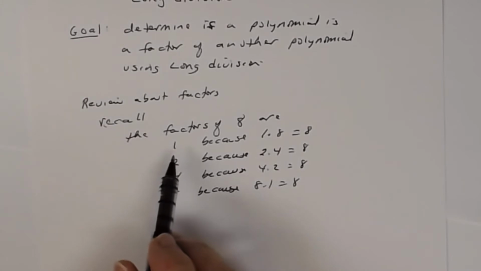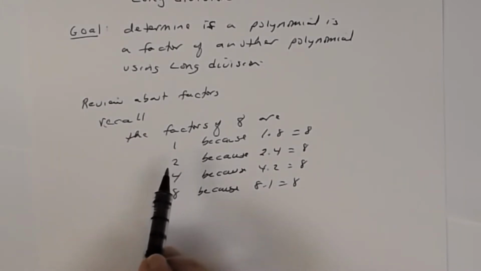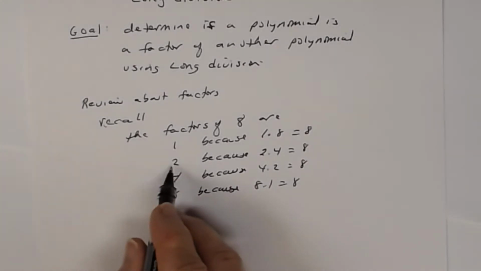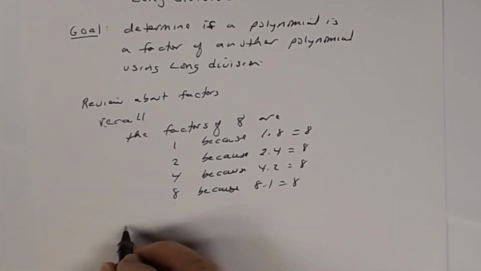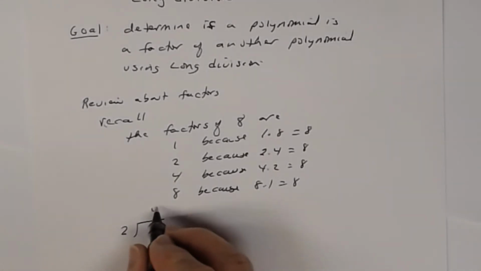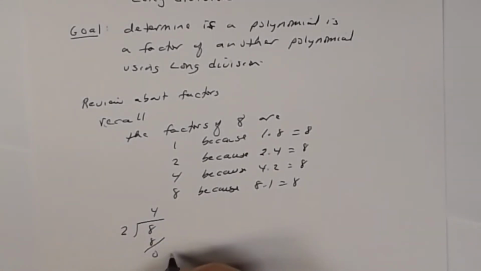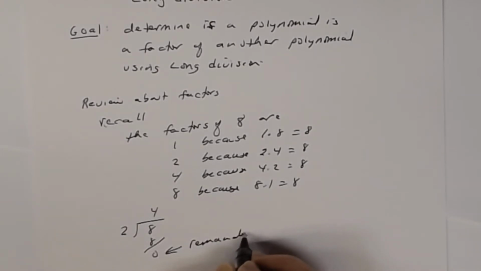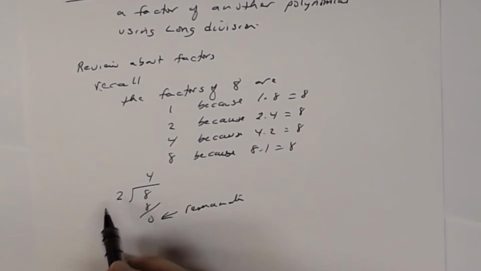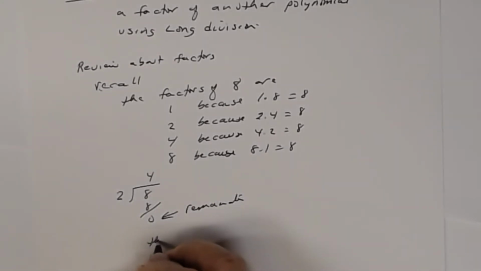The other thing I want you to know about this is this. If I did long division, let's say 2 divided into 8, using long division, I get 4. 4 times 2 is 8, and I get a remainder of 0. Whenever the remainder is 0, that means that 8 is divisible by 2.